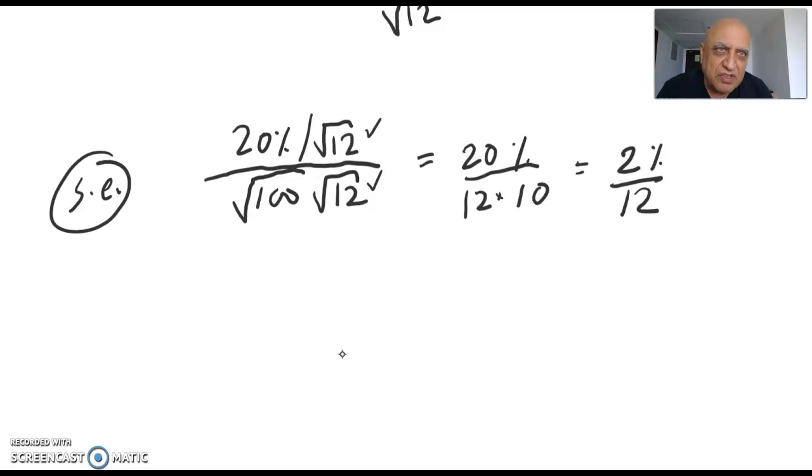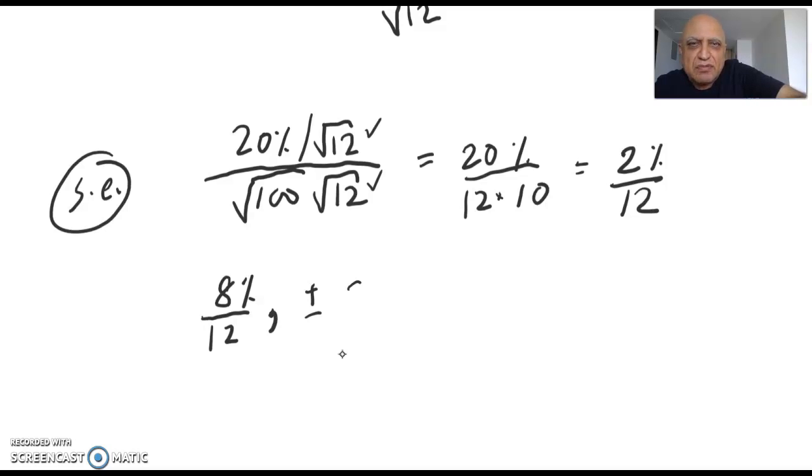So if I calculate the mean per month, it's going to be what? Our 8% was a yearly mean. So per month it's going to be 8% divided by 12. Then I get plus or minus 2 times the standard deviation, 2% divided by 12.